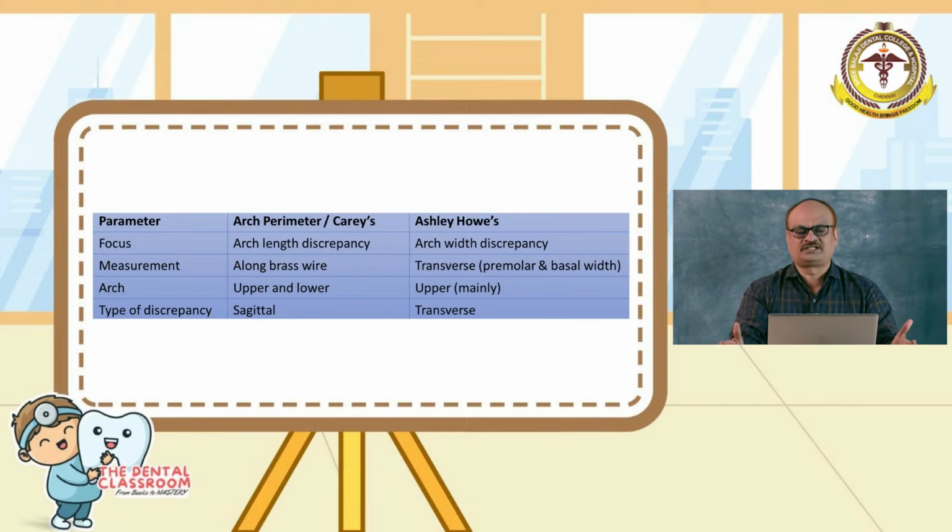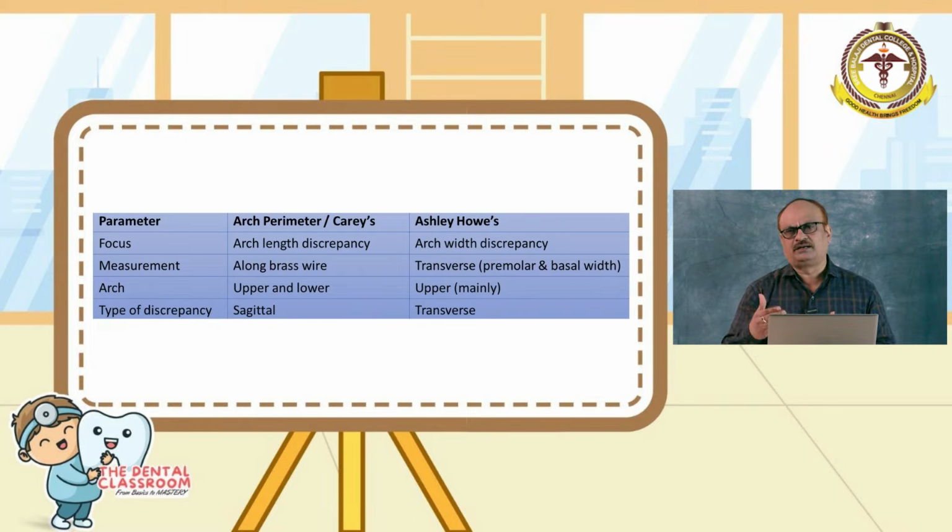Now we see the differences between the arch perimeter analysis, or Carey's arch perimeter analysis, and Ashley-Howe's. As you have seen, the focus in arch perimeter analysis is the anterior-posterior direction arch perimeter, whereas in Ashley-Howe's it is arch width discrepancy. For measurement, you do the arch perimeter with the help of a brass wire, whereas you measure PMBAW and PMD with the help of a divider and a scale in Ashley-Howe's.